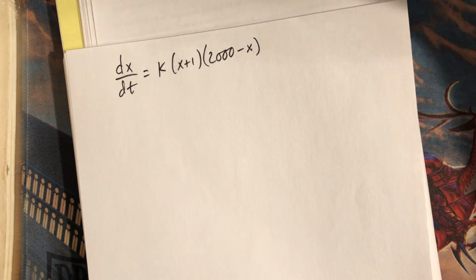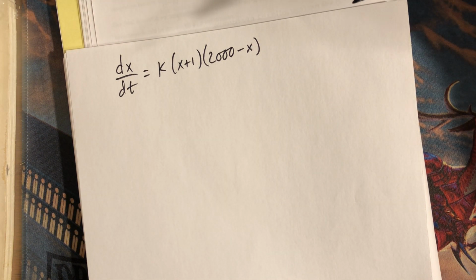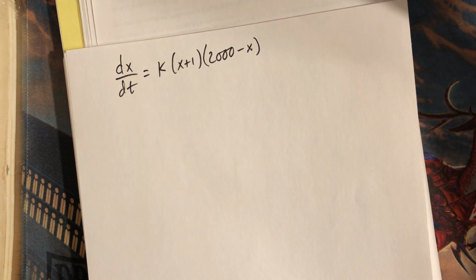This is not dy dx, this is dx dt. So essentially, x is like where y normally goes. All right, so here's how we solve something like this.